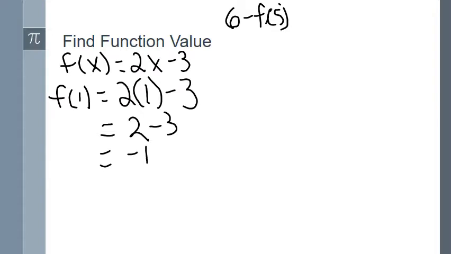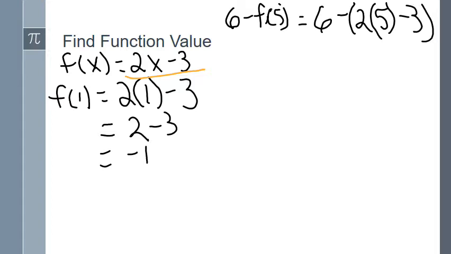What we have to do here is still use our function equation of 2x minus 3, but we first put a 6 in front of that: 6 minus, and let's put in parentheses our function equation, 2, and I'm going to substitute in 5 for that x, 2 times 5 minus 3, and close our parentheses. Now we're going to solve. So I have 6 minus, I'm going to go ahead and multiply 2 times 5, that's 10, minus 3.